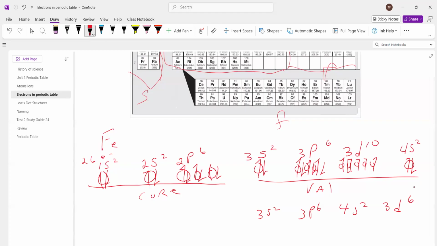Usually this one here. And this is going to be the same. This is the valence here.